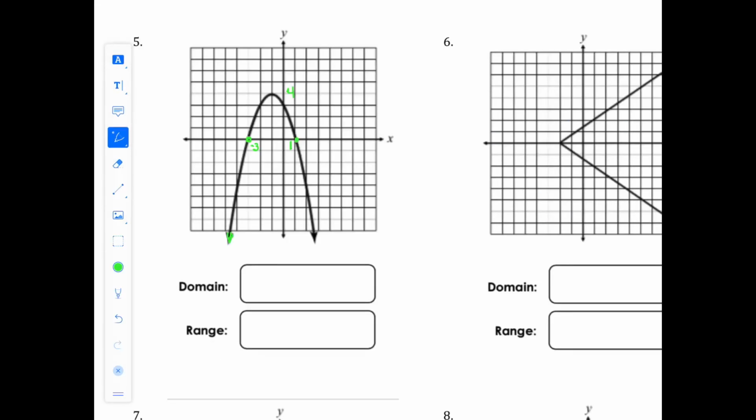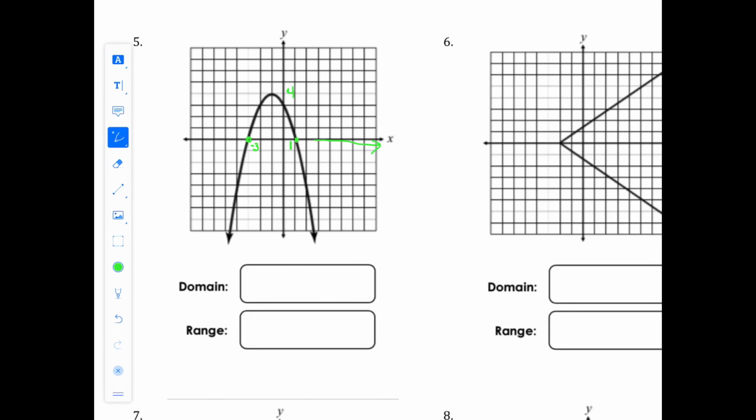Looking at 5, again, we identify that those arrows mean this graph continues in both directions. So this would take on the stretch of all of the x's. Once it keeps going, all of those x's are eventually going to be on that graph. They're going to be really small negative numbers, but they're still there nonetheless.